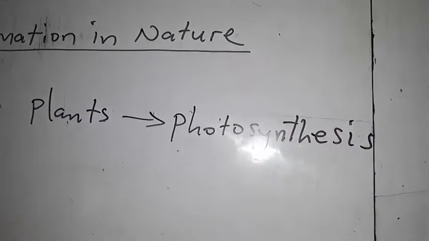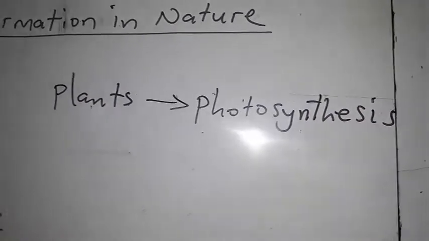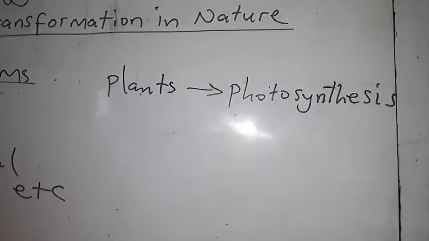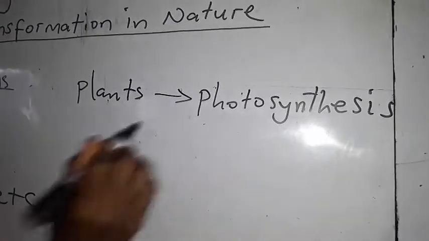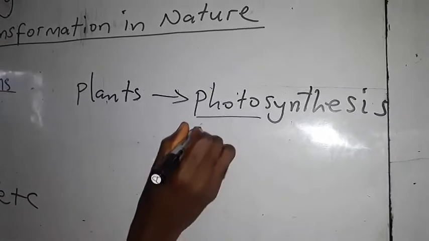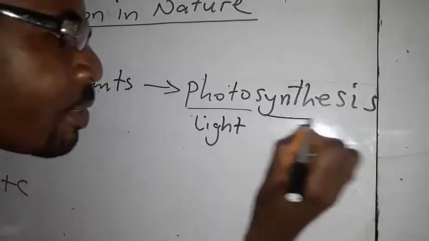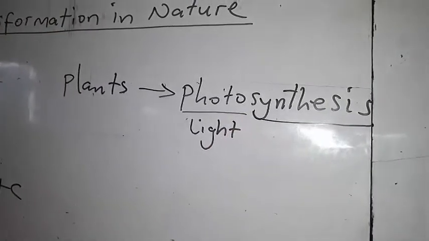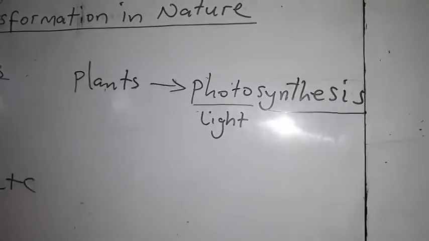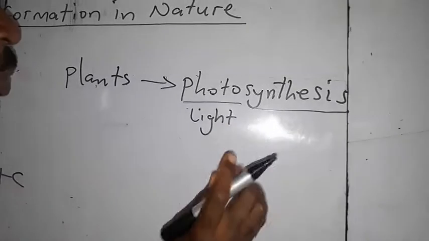Now, the word photosynthesis, I'm going to break it down a little. Though we have done this in second term of SS1 work, the word photo simply means light, while synthesis is a process of breaking down larger molecules of chemicals into smaller form.